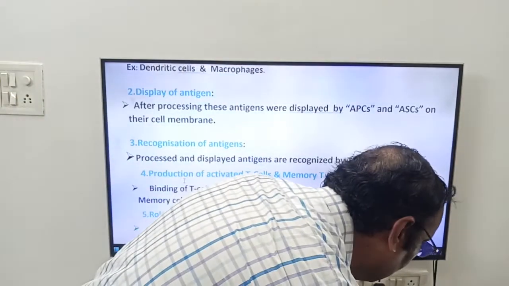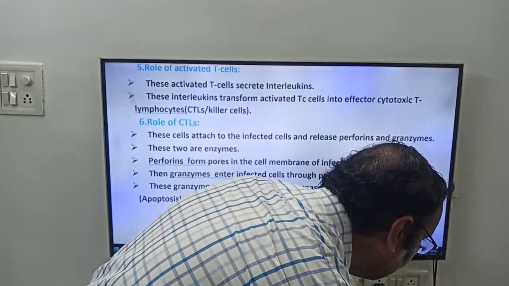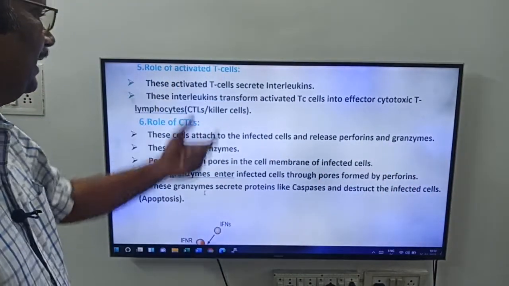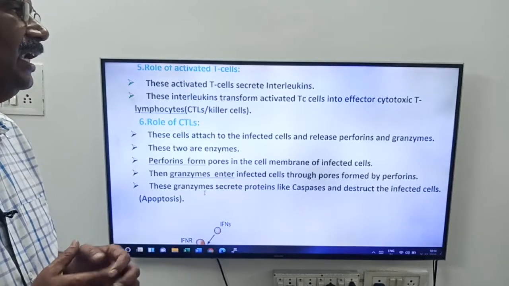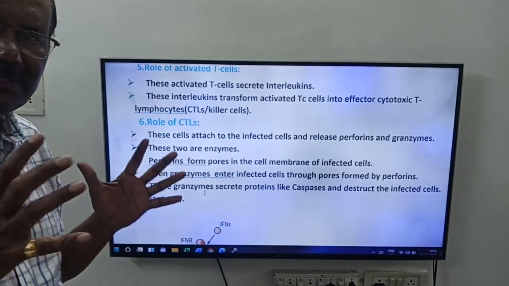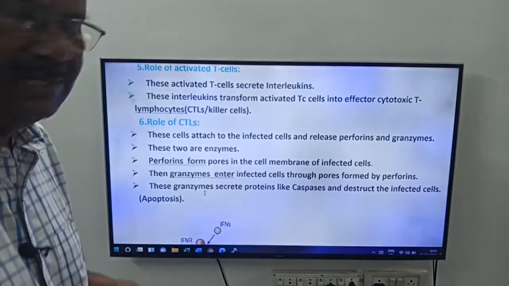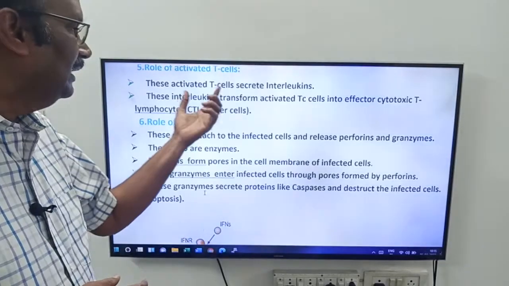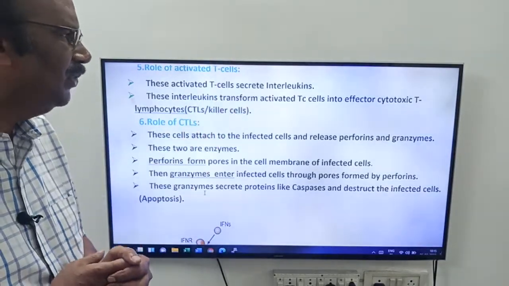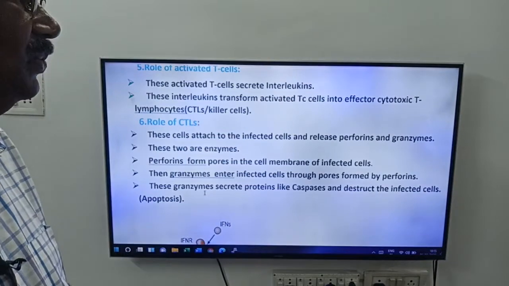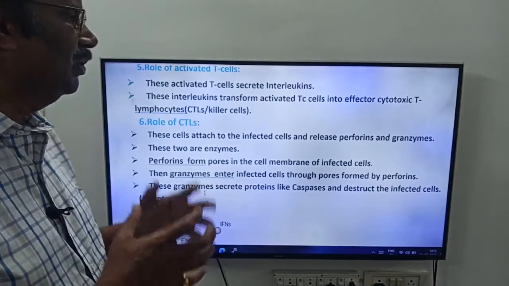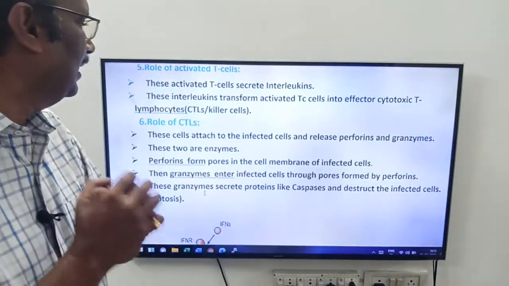Next, friends, what is the role of activated T cells? These activated T cells secrete interleukins. These interleukins transform activated T cells into effector cytotoxic T lymphocytes or killer cells.